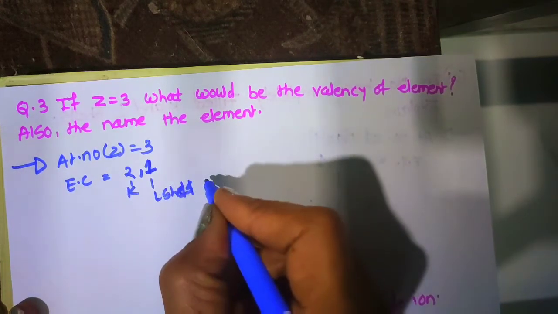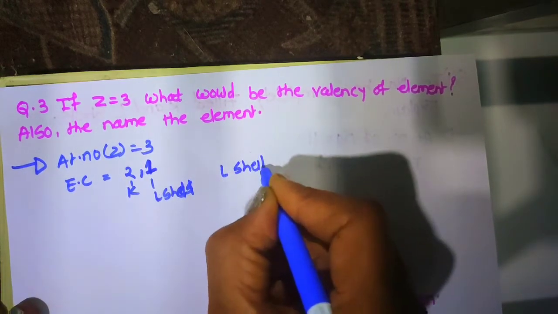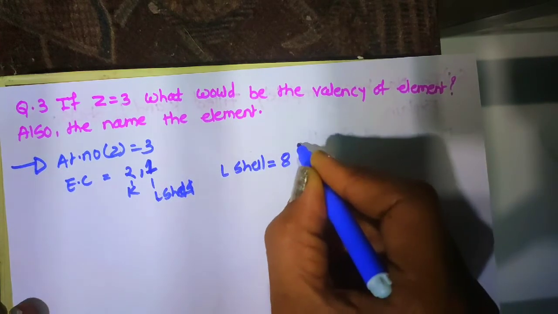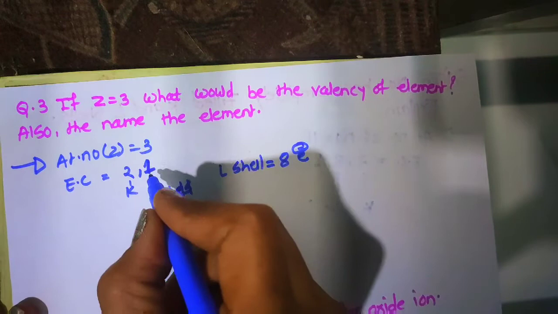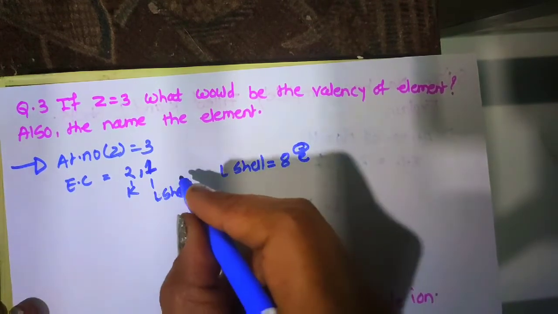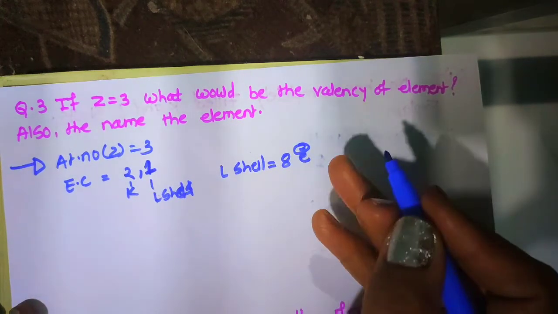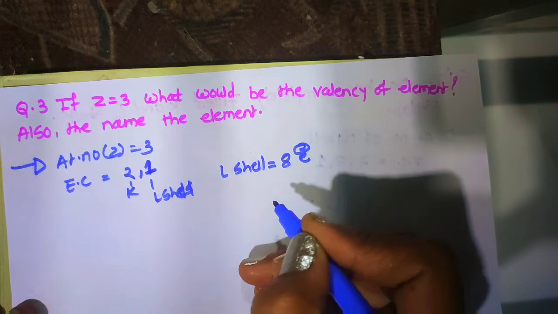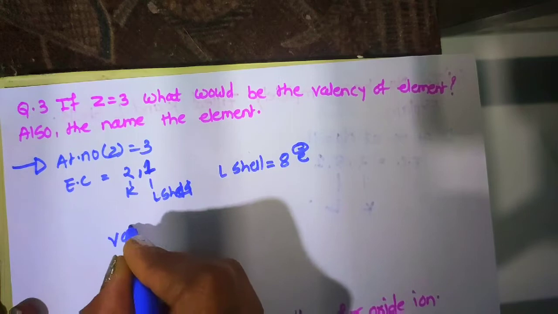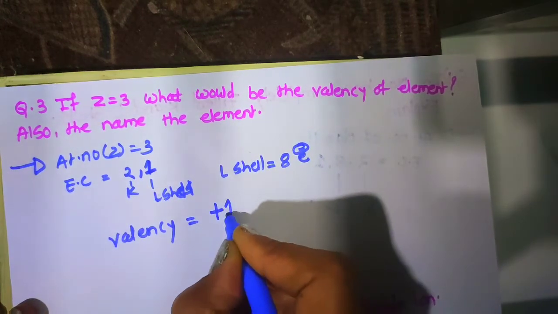It has only 1 electron. The maximum capacity of the L shell is 8 electrons. So this 1 electron is an extra electron, because it is easy for lithium to lose an electron in spite of gaining 7 electrons. So the valency would be +1.